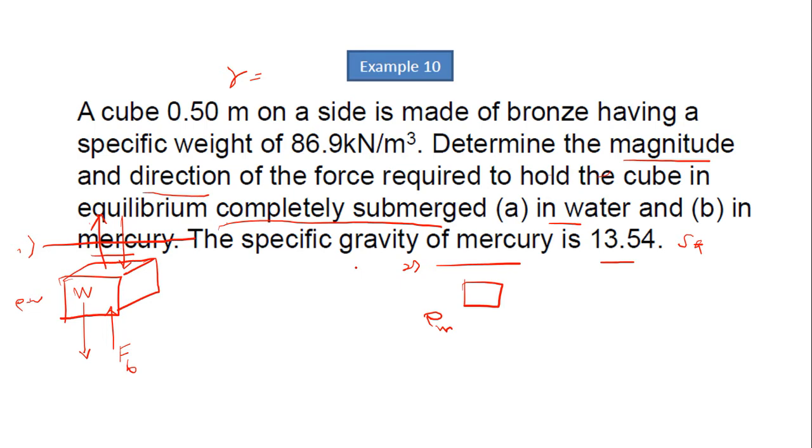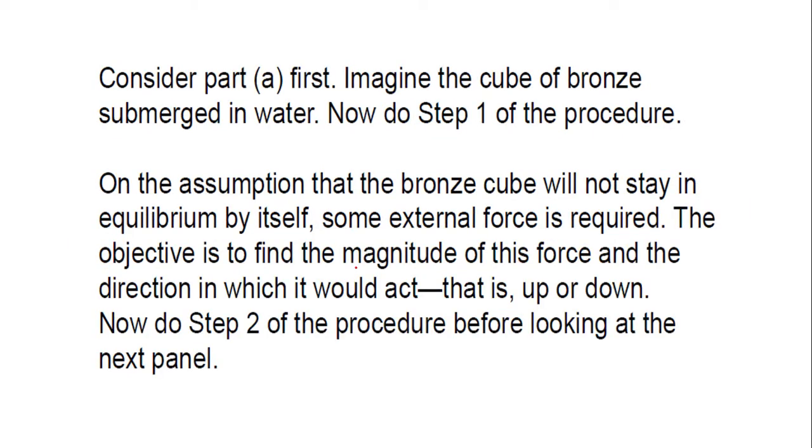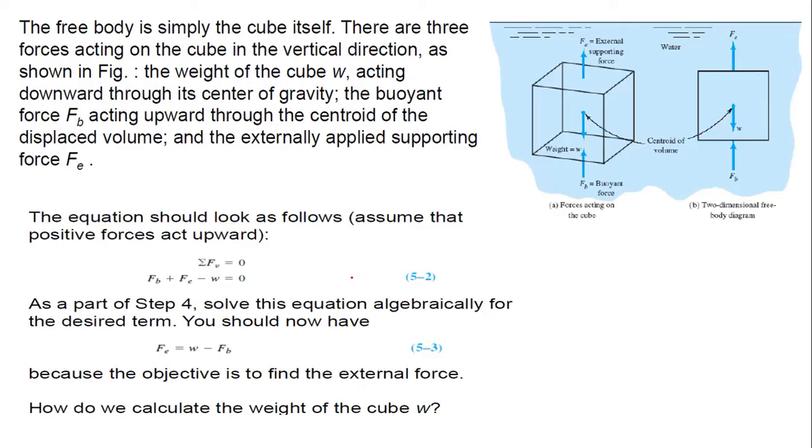You have to understand the question. Okay, let's see. This I think you can read later. Alright, so this is the first one. You have the block inside the water. You have your FBD. Always remember, draw your FBD so that you know what your equation is and you can write your equation correctly.